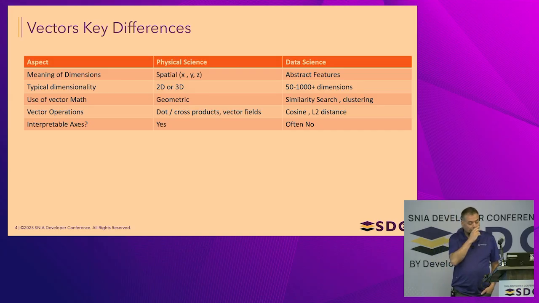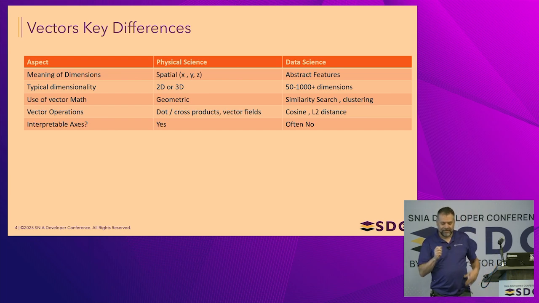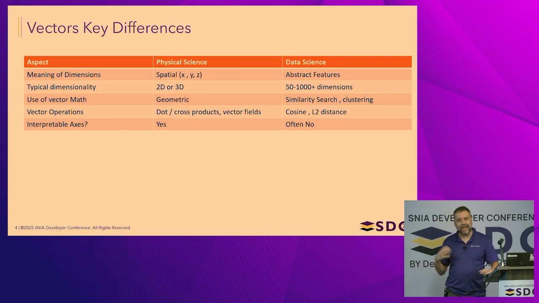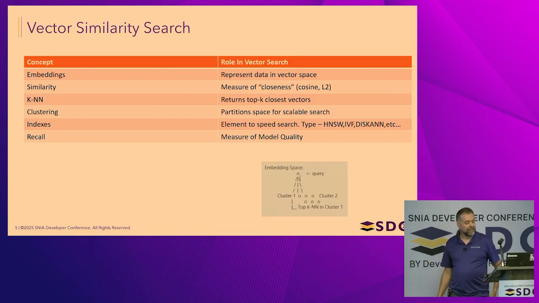So that's one big difference: we have to forget about spatial X, Y, Z and think about how many dimensions, thousands of them. And we are trying to locate proximity. So we use cosine or L2 to understand in the vector database what are the clusters or pages that are closer together. And that's what's going to give you meaning.